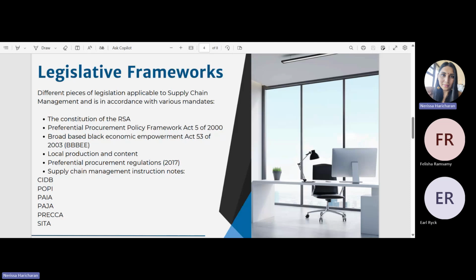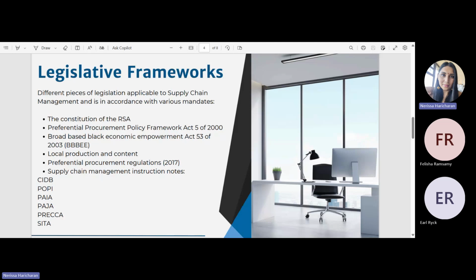So there are different pieces of legislation applicable to supply chain, different mandates, especially from a South African perspective. Number one is the Constitution of South Africa, and basically this is your public procurement, where the mandate is that you need to be fair, equitable, competitive and transparent.